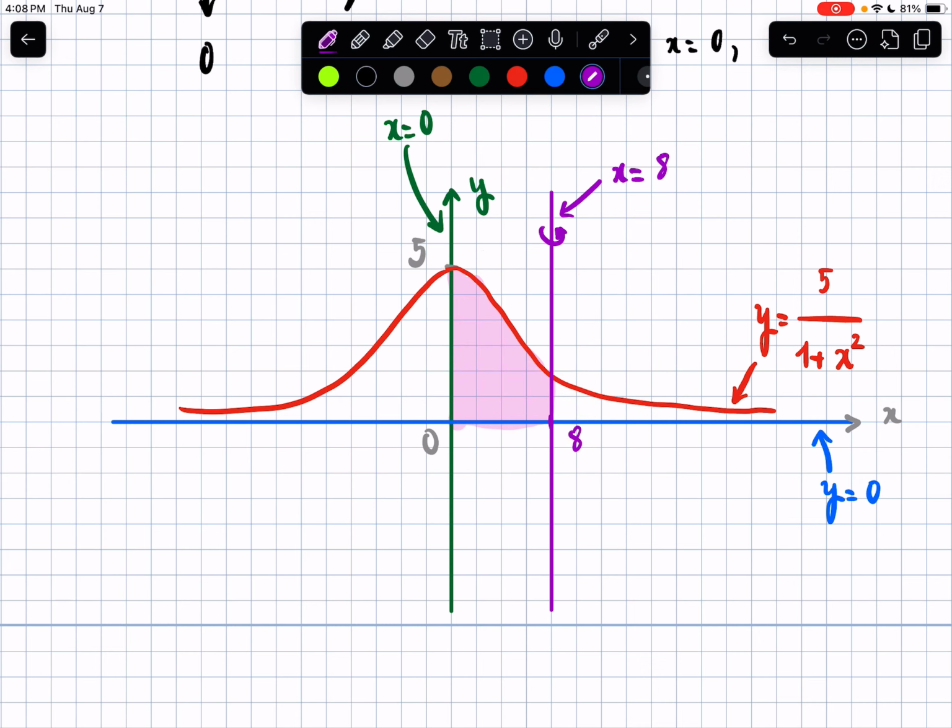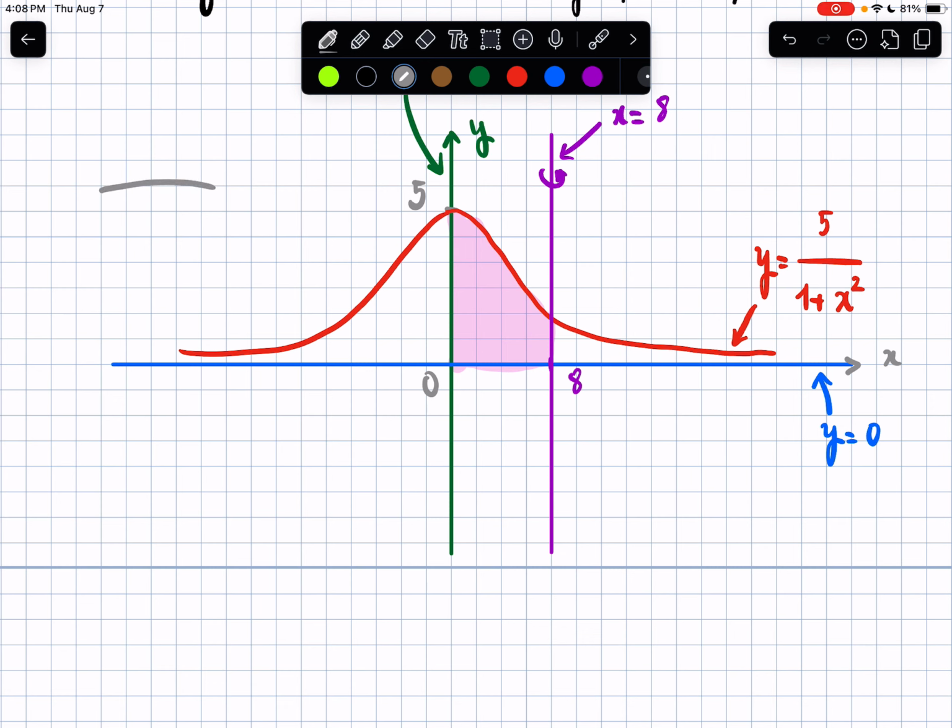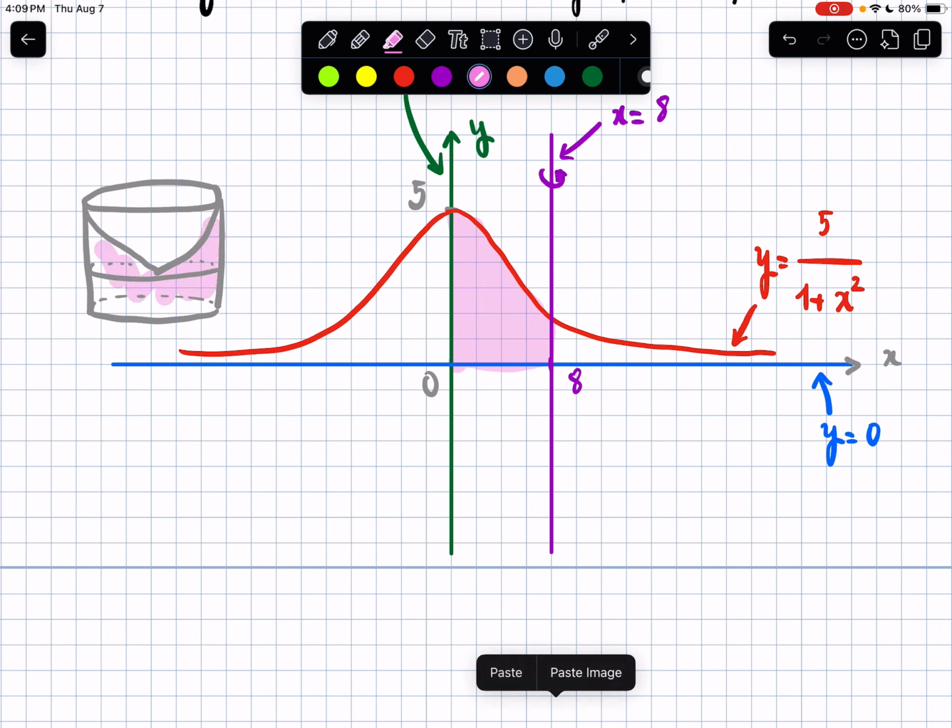So here's the solid we have, with a hollow part here. We need to compute the volume of this solid.